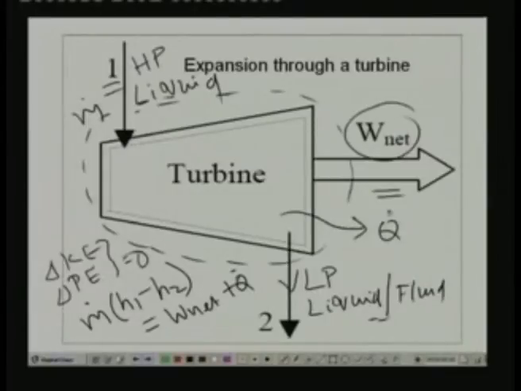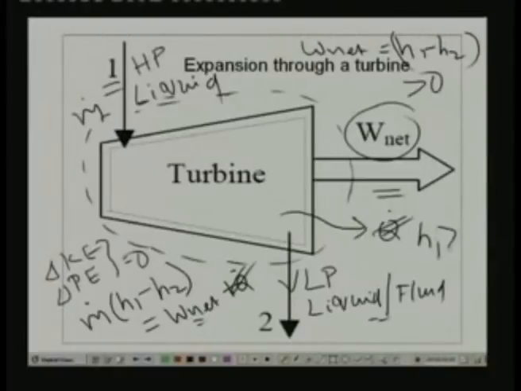If the turbine is adiabatic, then Q becomes 0, and W net is simply equal to m dot into (h1 minus h2), or the specific work, the small w net, is equal to h1 minus h2, which is nothing but the difference in the enthalpies between the inlet and the outlet. Since W net is positive, that means W net is greater than 0, h1 will be greater than h2.